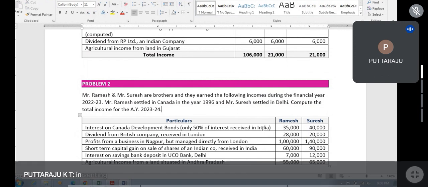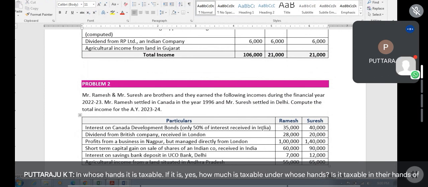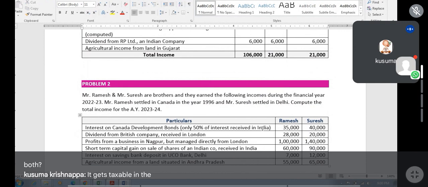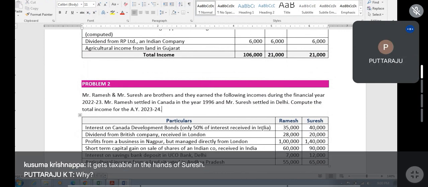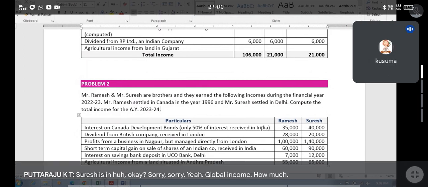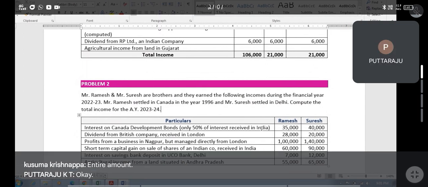In whose hands is it taxable? If yes, how much is taxable in whose hands? Is it taxable in the hands of both? It is taxable in the hands of Suresh, the entire amount, because it is global income.